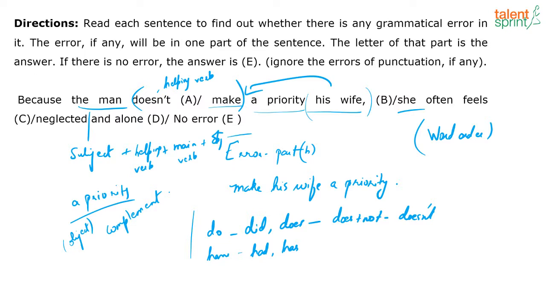His wife becomes the indirect object, a priority becomes the direct object. The man doesn't make what? A priority. Whom? His wife. Got it? So his wife is the indirect object, answering the question whom, and a priority answers the question what, the direct object.